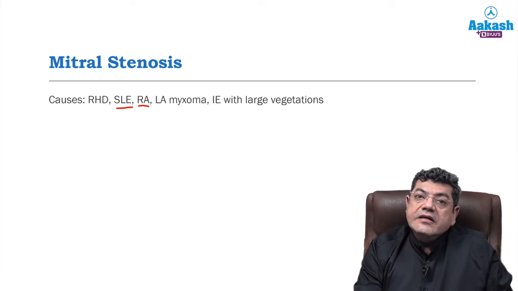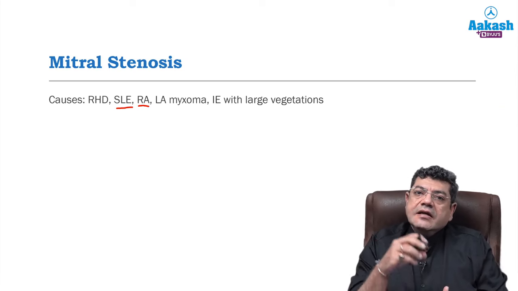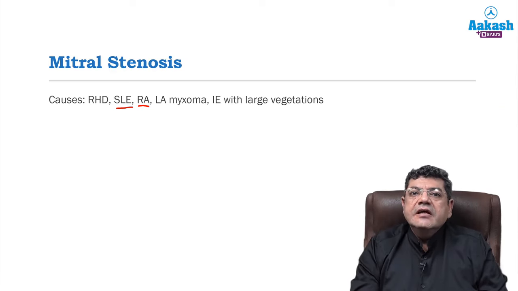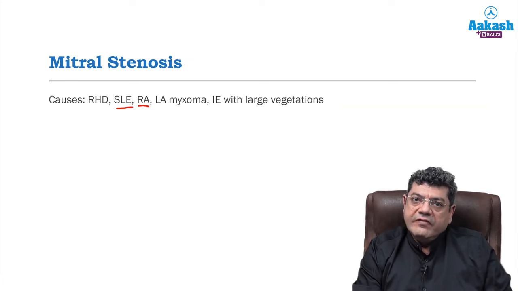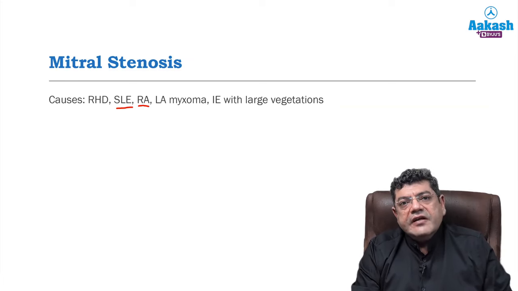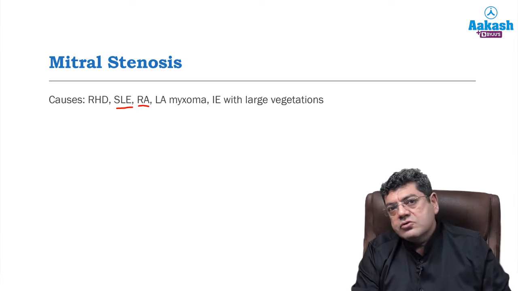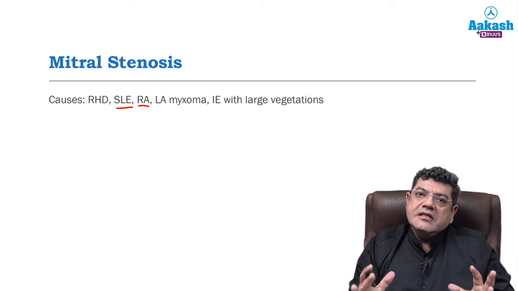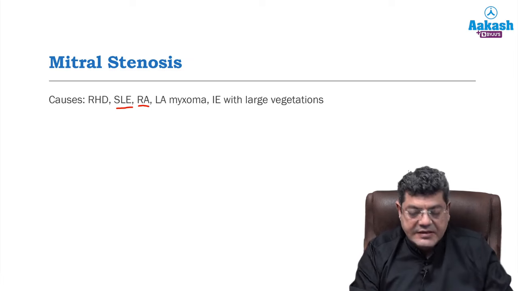And atrial myxoma in the left atrium, because it blocks the path of blood flowing from the left atrium into the left ventricle, can also be a cause of functional mitral stenosis, although it's not valvular. And infective endocarditis with large vegetations can also cause significant MS. We'll discuss MS primarily as a rheumatic heart disease, right?